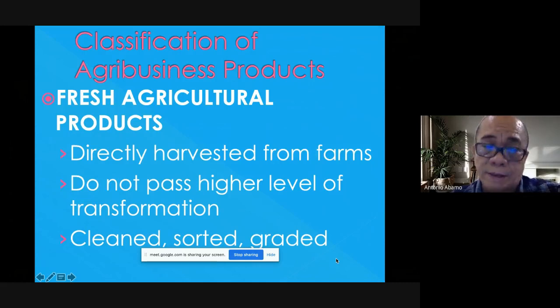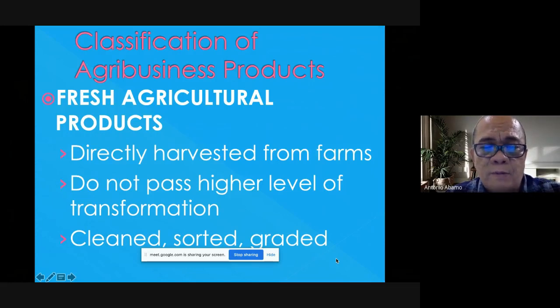They do not pass through a higher level of transformation. From its raw state, it's marketed directly without heating or so much sorting. It doesn't have any complicated processing, no transformation at all.